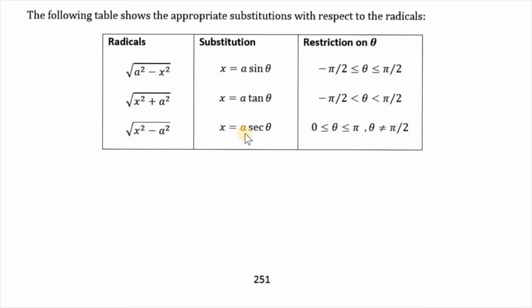And if you have the form x squared minus a squared, consider changing x into a secant theta. Later on, we simplify the trigonometry. You might like to highlight these formulas, and you need to memorize them, and make sure they are in your notes. We are going to use this guideline when we are doing the work.